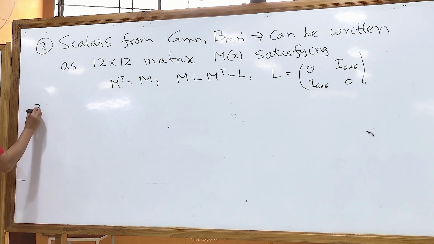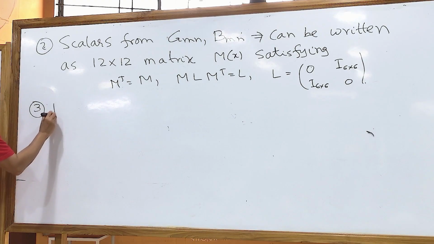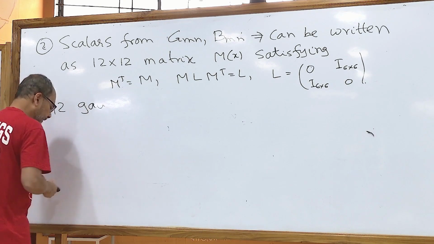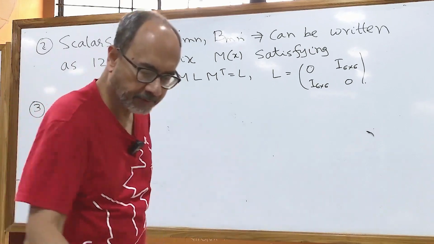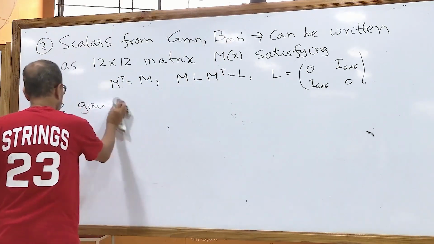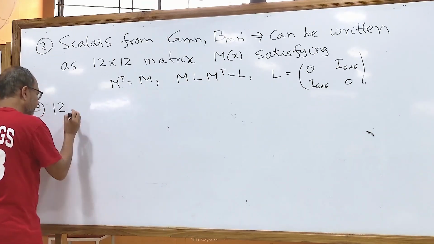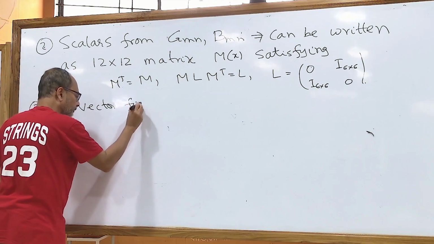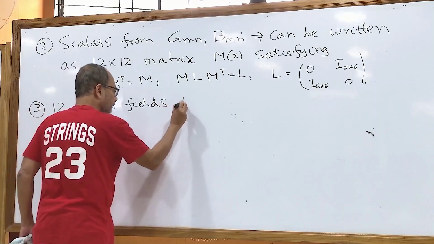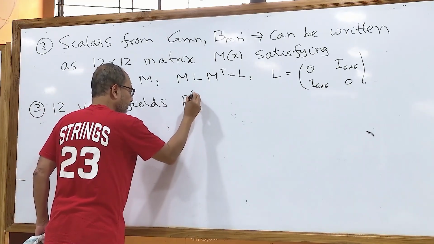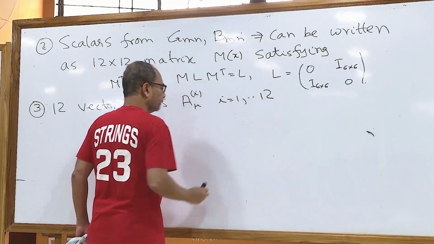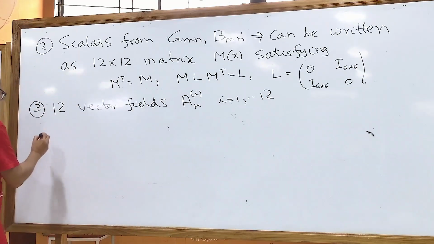Then it has 12 gauge fields, or let us say vector fields, massless vector fields, like electromagnetism. And of course, it has a metric.